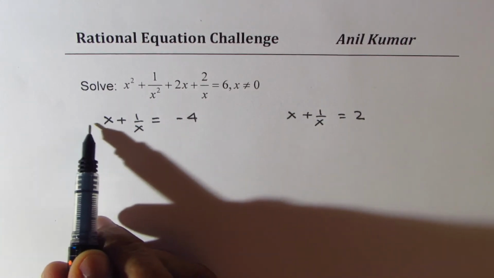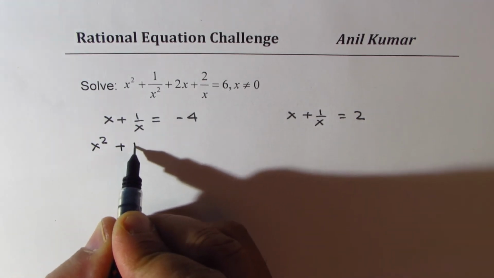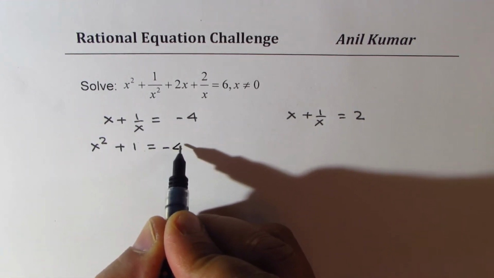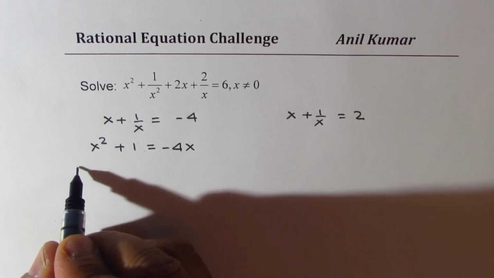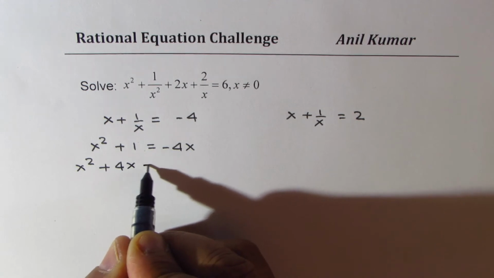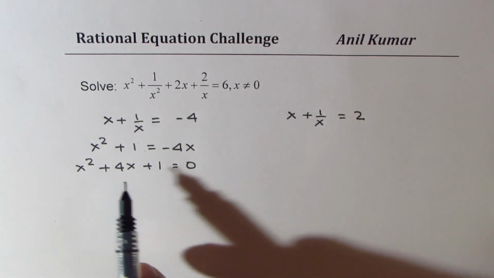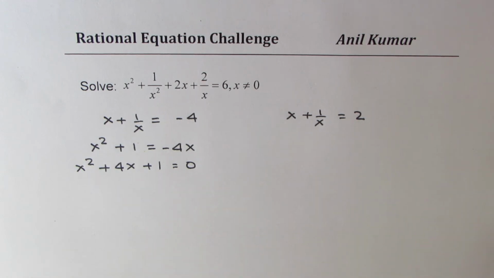So let's multiply everything by x. We get x squared plus 1 equals minus 4x. Bringing them together, we get x squared plus 4x plus 1 equals 0. Now for this we can use the quadratic formula to find the value of x.